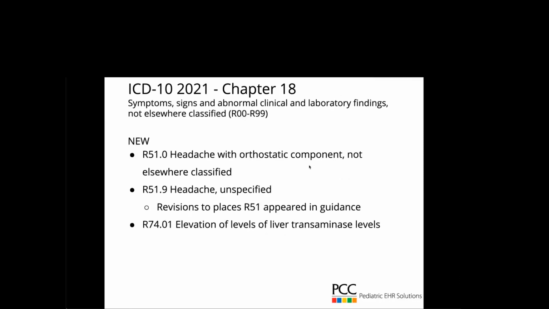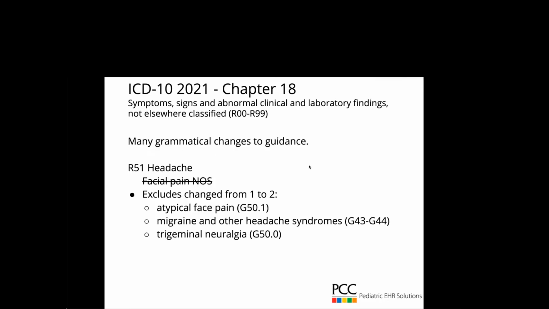There we go. So in addition, there are new headache codes that have been added. That R51 series was expanded to include headache with orthostatic component, not elsewhere classified. And R51.9, headache unspecified, was revised. R51 itself, without the additional specificity, does appear in guidance for a lot of other codes.